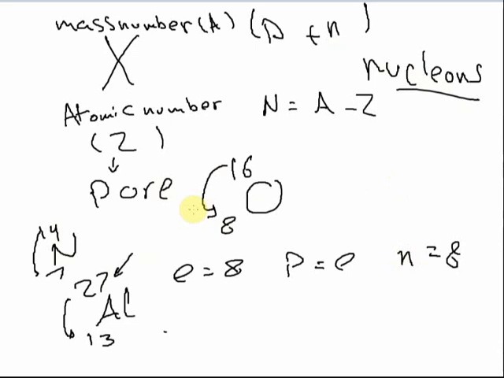Now we will explain the concept of isotopes. We have studied it before in grade 9. We said that the element contains two numbers, atomic number and mass number.